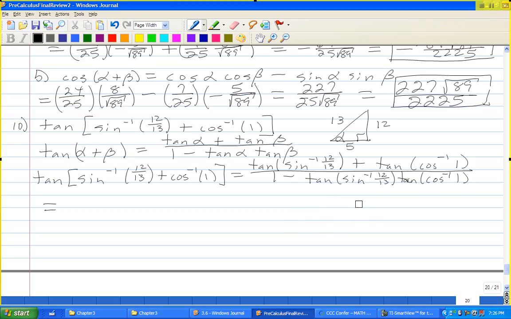So it's a 5, 12, 13 triangle. And then tangent would be 12 over 5 plus tangent of cosine inverse of 1, which is 0.